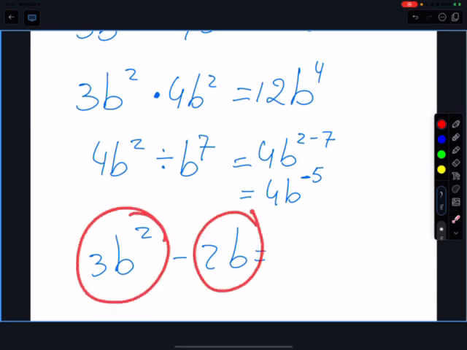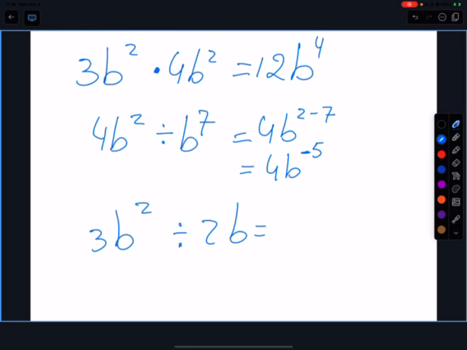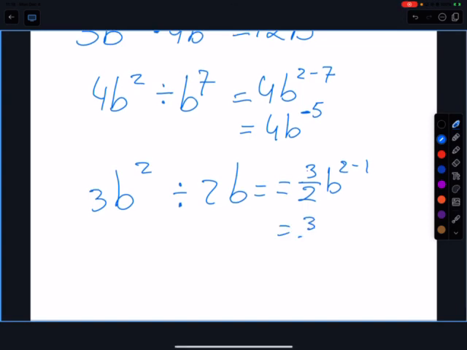The variable has to be the same, or else you cannot subtract the numbers. The variables have to be the same. If it was division, 3b to the power of 2 divided by 2b, the exponents 2 minus 1, then it's 3 over 2, b. Because division means you subtract the exponents from each other.